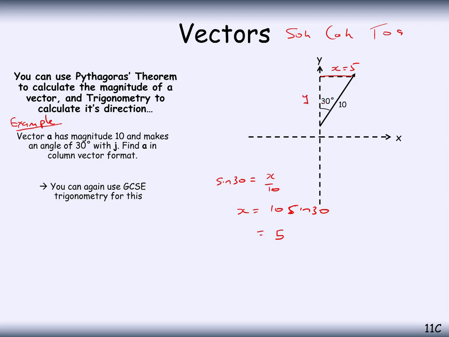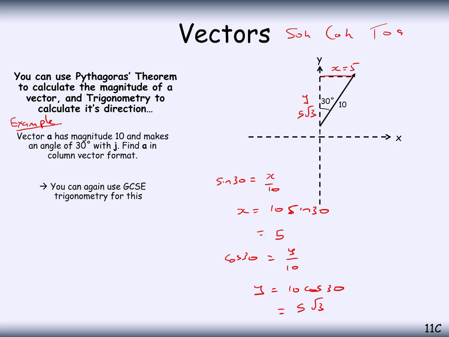Now y is adjacent to my 30 degrees here, and that's the hypotenuse. So I can use cos. So cos of 30 is equal to adjacent y divided by hypotenuse, which is 10, and y is equal to 10 cos 30. Work that out, and that gives me 5 root 3. So y is equal to 5 root 3.